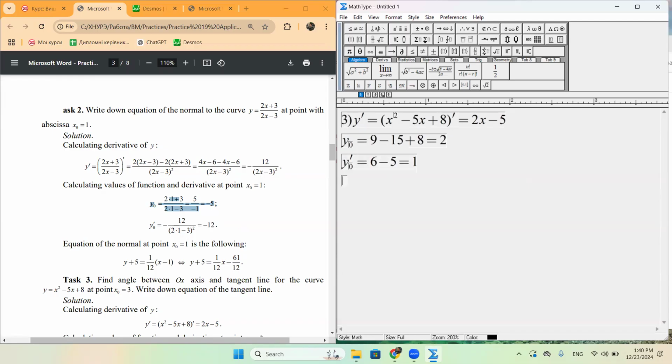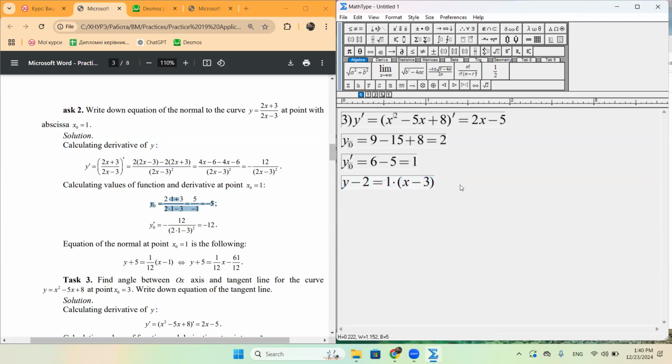So y minus y0 equals, okay, so let's just substitute. y minus 2 equals 1 times (x minus 3).